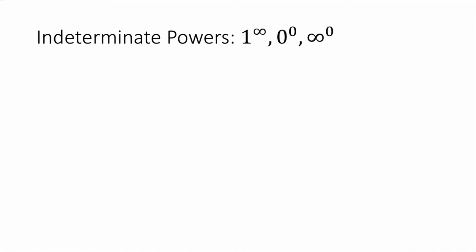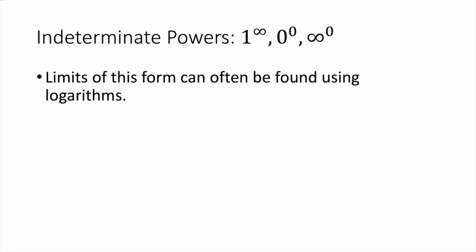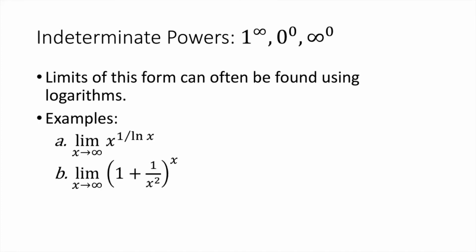So it turns out the trick with these is to use logarithms. All right, and I'm going to show you how I do it. Here are the 2 examples. The way that I write it up is a little bit different from what I've seen in some books. I like to think that my way is maybe a little easier to follow.